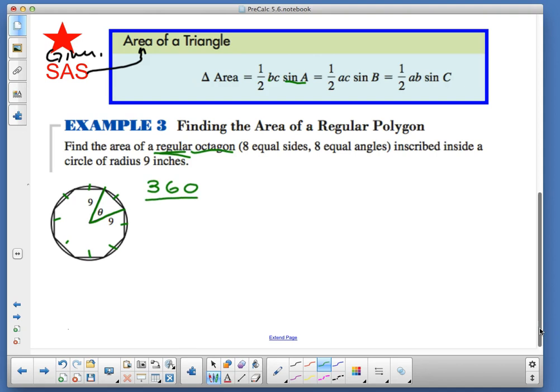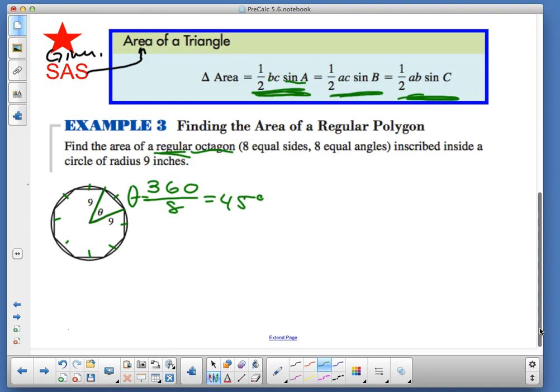360 divided by 8 is 45, so that's my central angle, and we got to have our calculators in degrees in this case, so keep that in mind. So theta, that central angle, is 45 degrees. What's significant about this is that we are using this equation. Now, if you notice, these equations here, I've got them over here on the board.